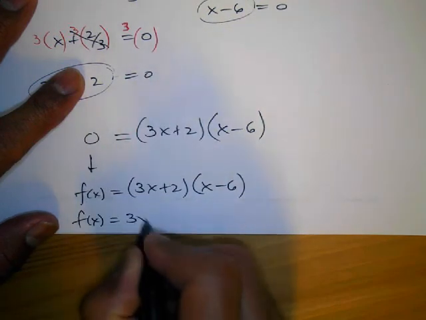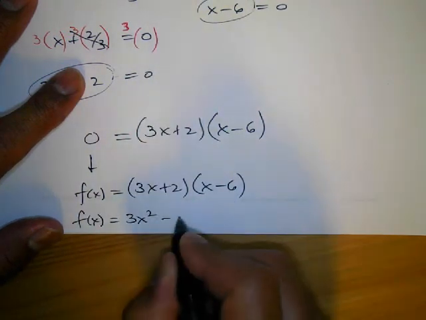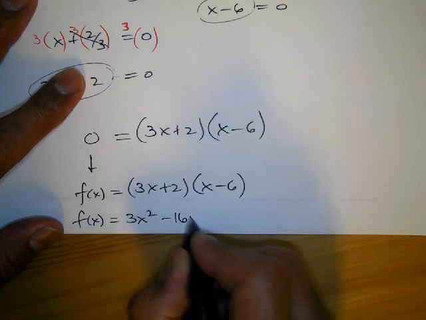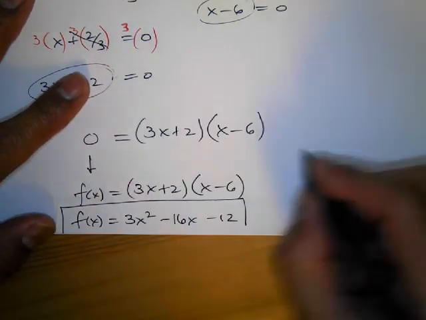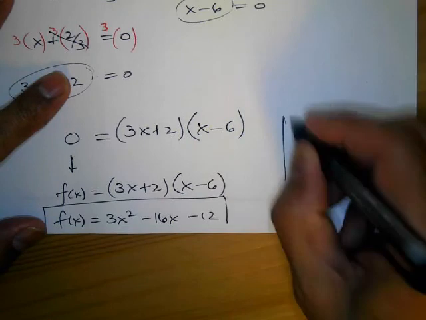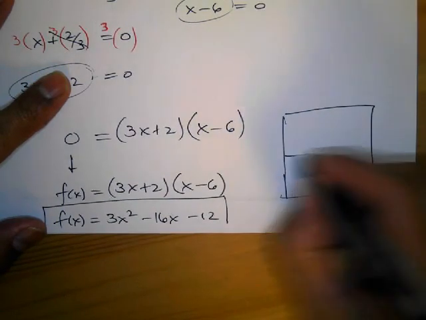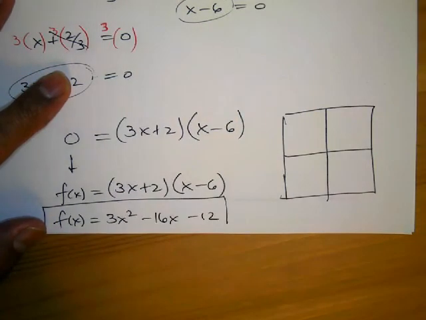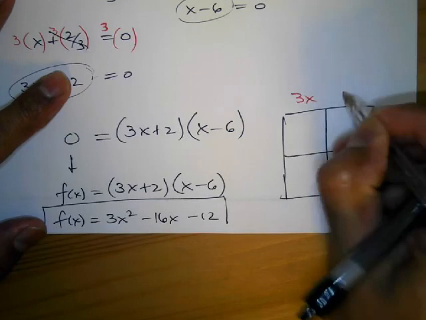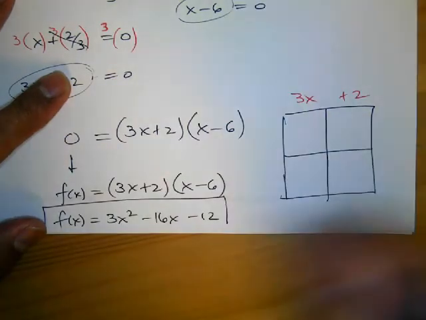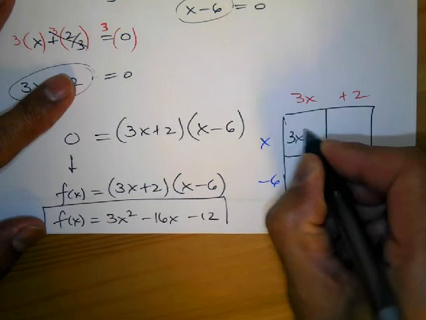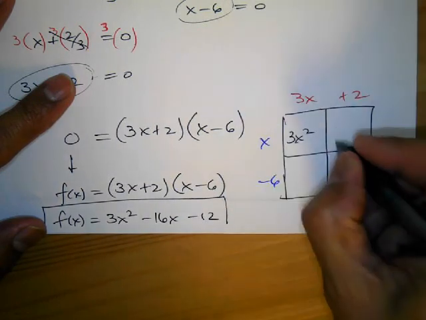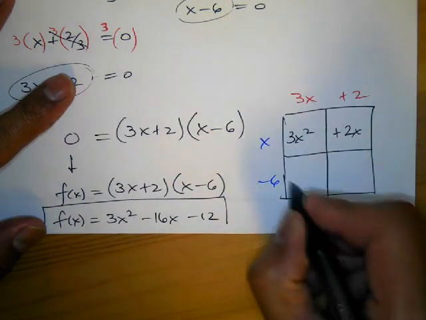And now that's when I gotta come over here. I'll give you the answer because I could do it real fast: 3x squared minus 16x minus 12. Let me check over here if I did this right. I'll do this square business. That's 3x plus 2 times x minus 6.